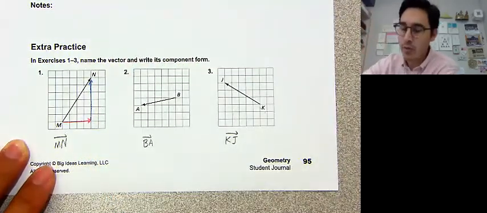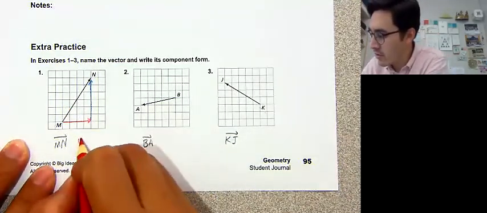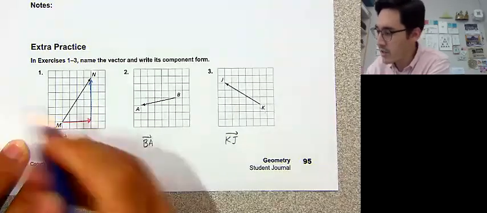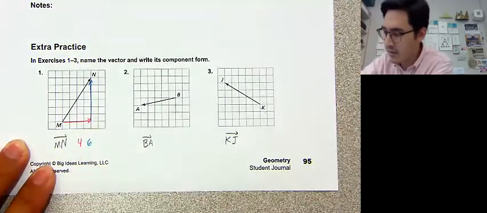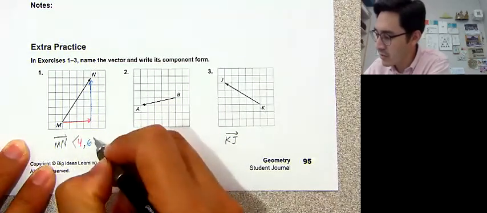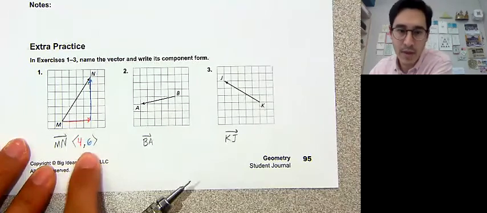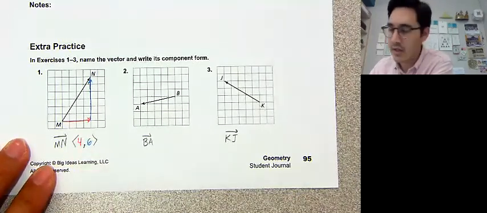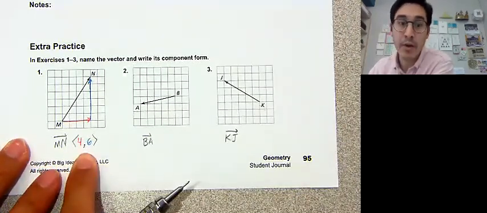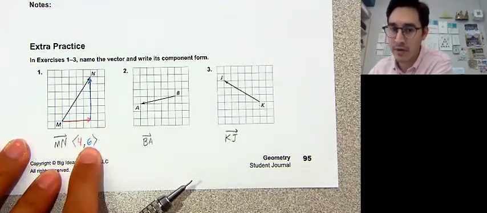And so we would write that kind of like an ordered pair. So it'd be 4, 6. But instead of using parentheses, we use these symbols instead. I'm not quite sure what they're called, but this is the vector's components: 4 in the horizontal direction and +6 in the vertical direction.